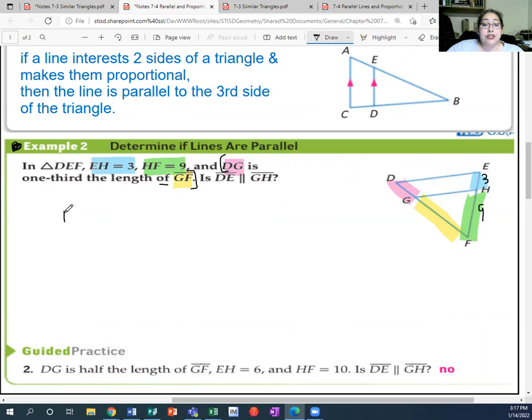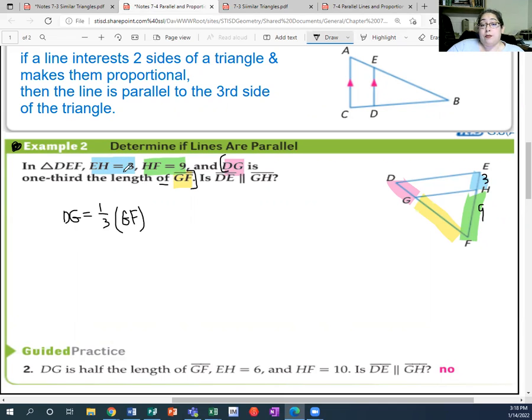It says DG is, that's the equal sign, 1/3 the length of GF. That length of means to multiply. So I'm going to multiply 1/3 to GF. Okay, I've translated this little equation sentence into math that now I can play with.